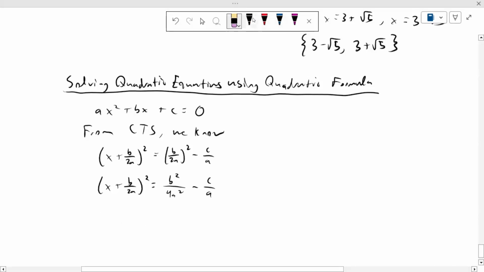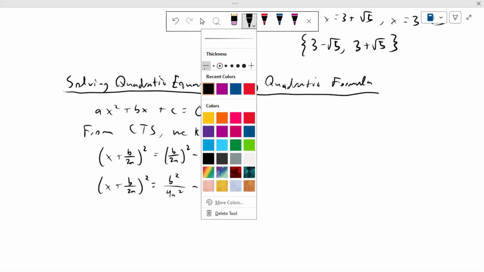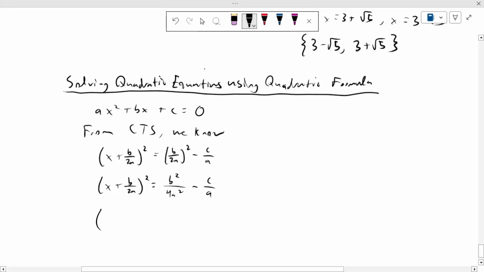My left-hand side still hasn't changed. On the right-hand side, we're going to get a common denominator. We want 4a squared on the bottom, which means we need to multiply this denominator by 4a.